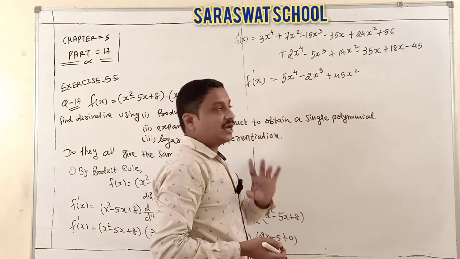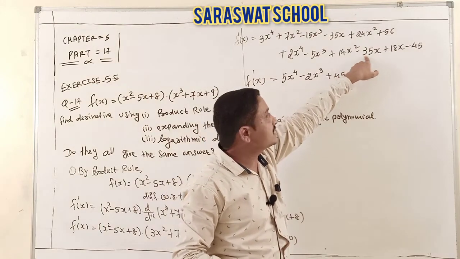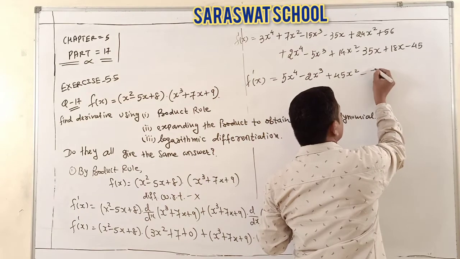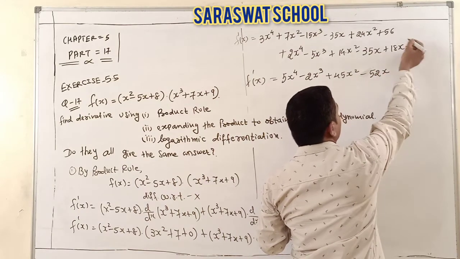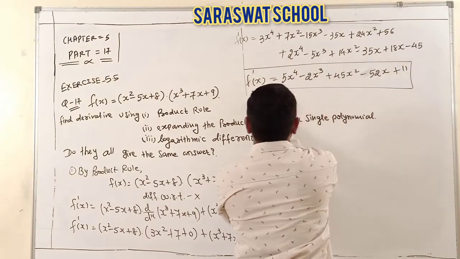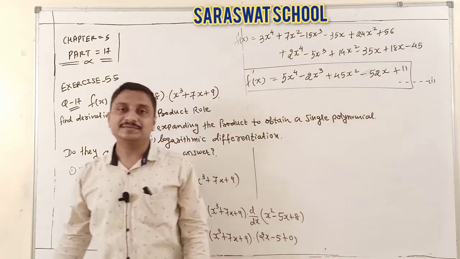Now single x: 35, 70 minus 70 plus 18, it is 52x minus. And last 45 plus 56, it is 11. Students, here our first equation is happily done.